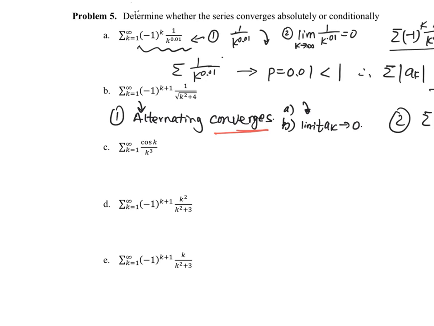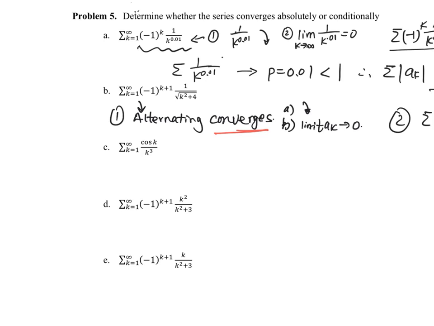Cosine k is sometimes positive, sometimes negative, but it doesn't guarantee that the signs are strictly alternating. So they will alternate, but may not follow a very clean pattern.